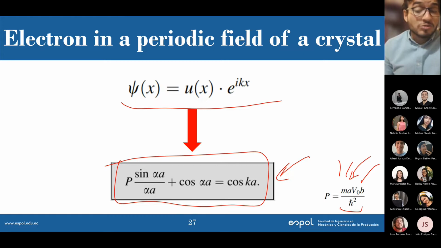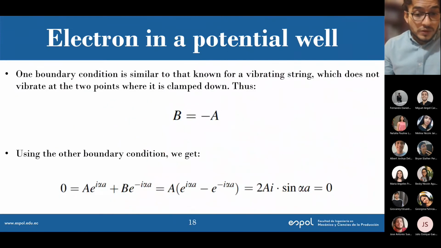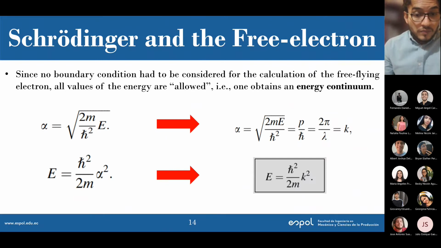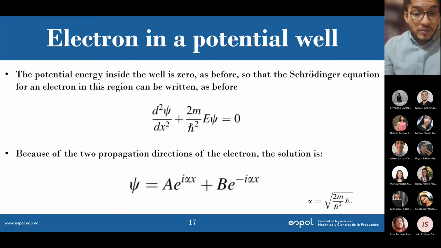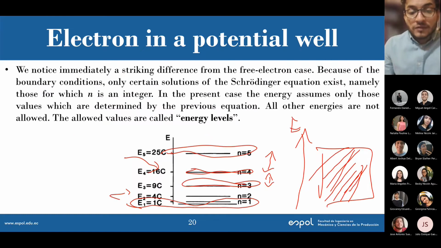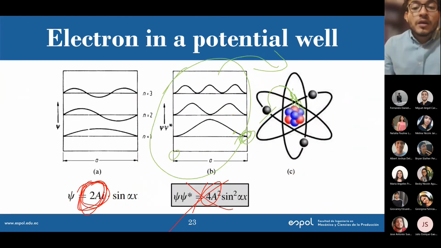It was valid for the free electron case, remember, and for the electron in a potential well, just for the first part of it. Remember that then we had another value of alpha. So we get this for alpha, and we get this for alpha. Remember that alpha takes different values according to the case.